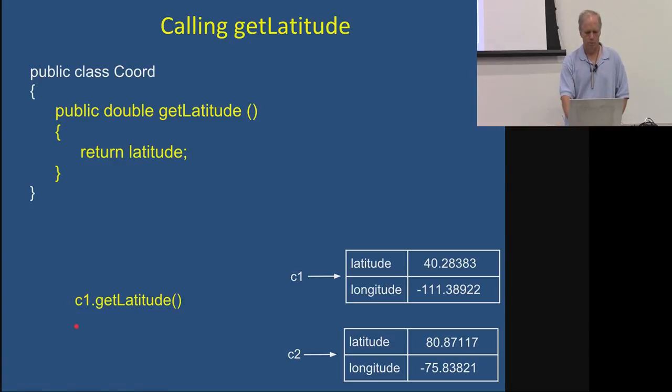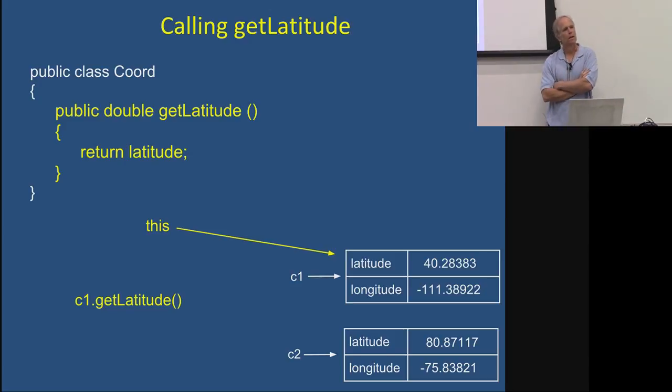Well, let me just say this. The keyword this is a Java keyword. It's accessible when you call a method. The method has access to the current value of this.